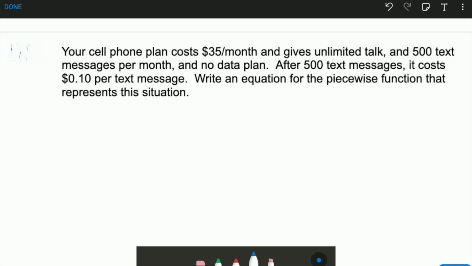But first of all, I'm going to talk about the variables. So x in this case, I see 2 different pers. I see the per month, and I also see per text message. One of those has to be x. In this case, it's going to be the per text message. x is going to be the number of text messages.